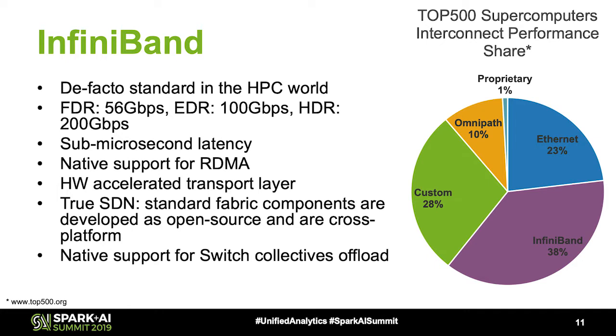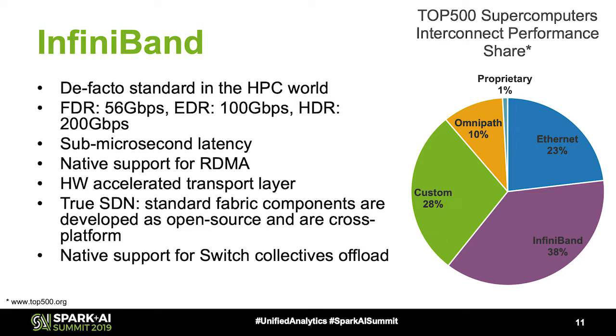One of its pros is sub-microsecond latency, which is unheard of in the Ethernet world. Native support for RDMA, which we're going to discuss next. Hardware accelerated transport layer: basically, all of the transport parameters of managing the packet sequences and so on is done by the hardware, whereas in Ethernet and TCP specifically, it's done by the operating system, and it takes a lot of CPU cycles.